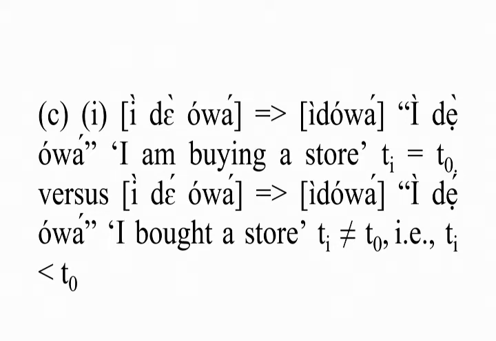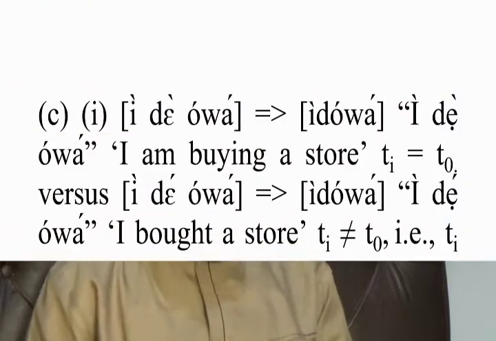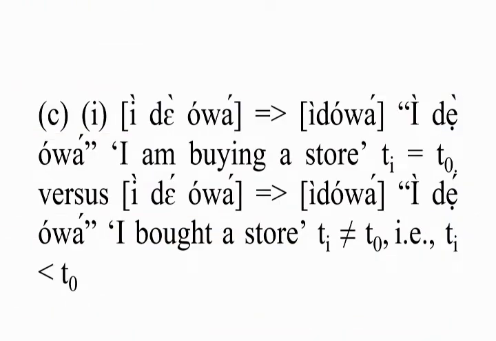But in the surface form, that is the way they are actually pronounced, because of the elision of the e in both cases, they give rise to the same surface phonetic form. That is the same way of pronouncing the two, as if they are the same utterance. No, it is when you look at the base form that you know that the tones on each of them are not the same.